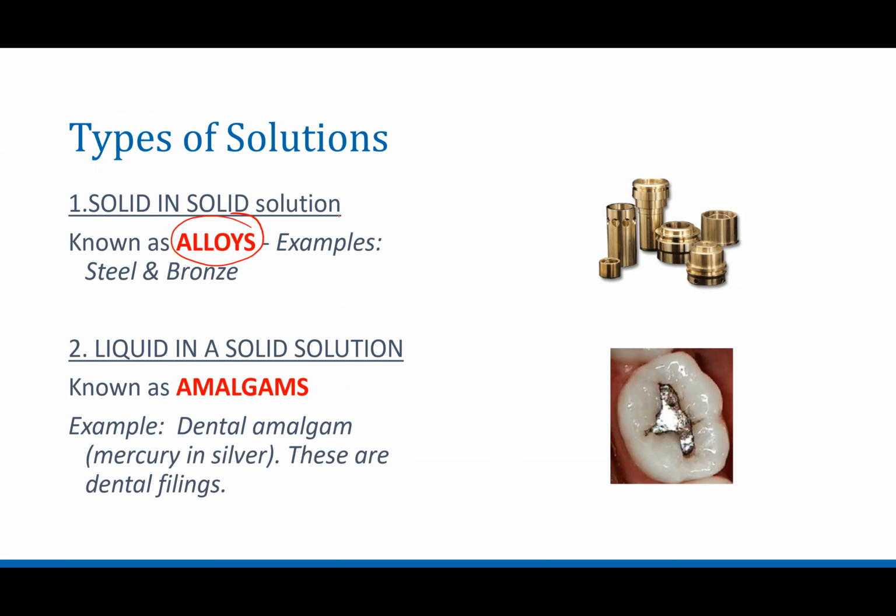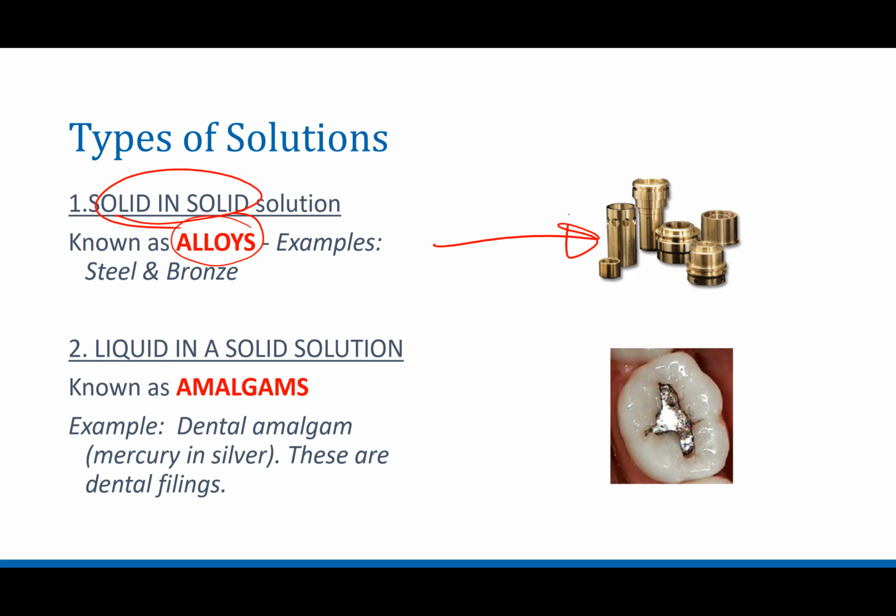One thing you might not think about is, what about a solid mixed with another solid? Now, how would that happen? Well, typically when you're making an alloy, you do it under really high heat. So you might melt two metals and put them together. But when they turn back into solids, we call these alloys. Examples of alloys would be steel.